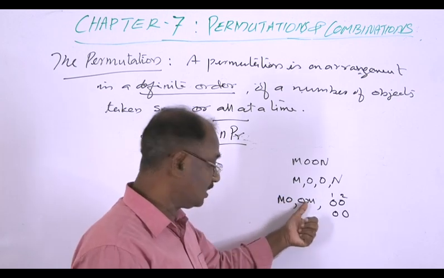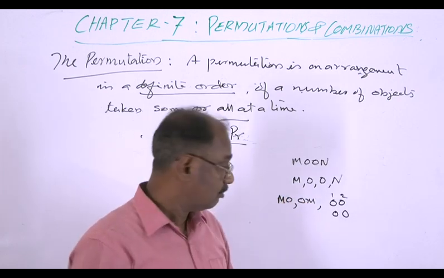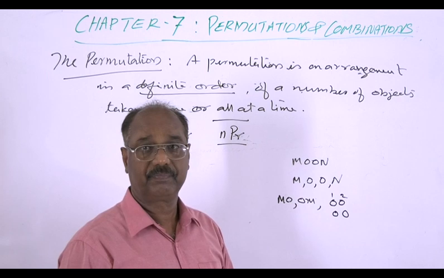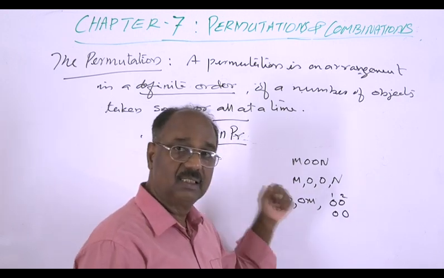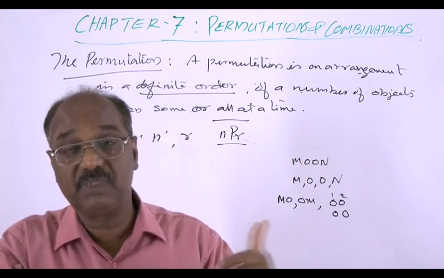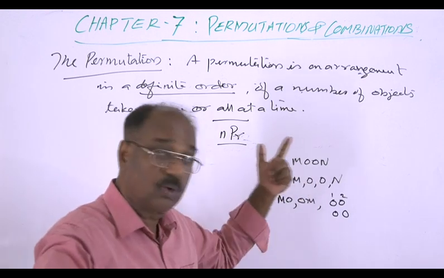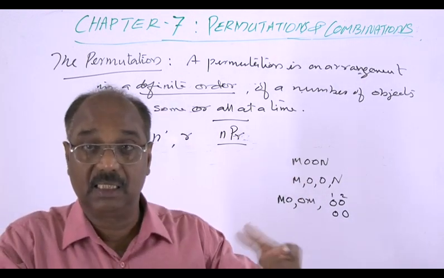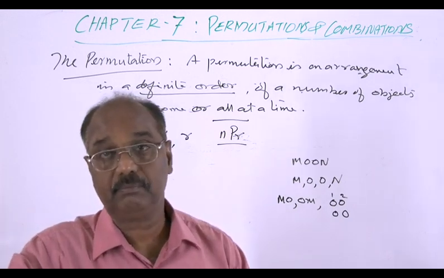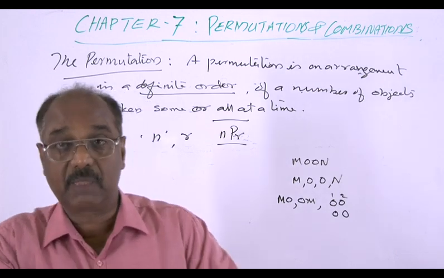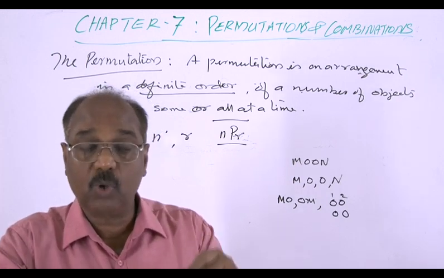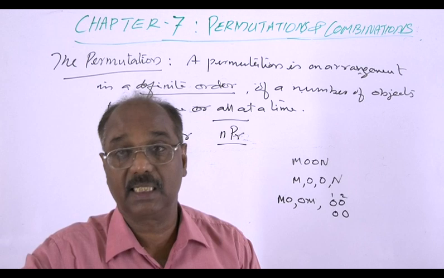M-O and O-M are distinct, but O-O reversed is the same. This means in the case of permutation, if there is repetition, that should be treated separately. Therefore, we consider permutations when all objects are distinct, one case, and when some objects are repeating, the second case.